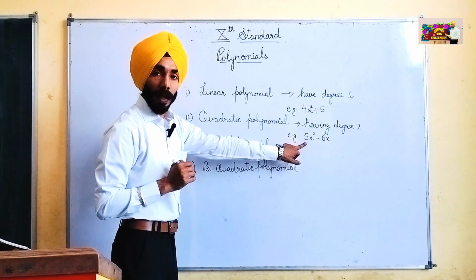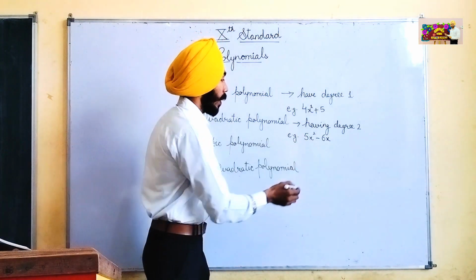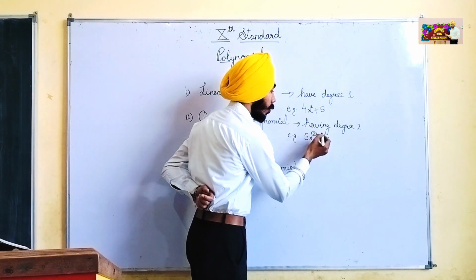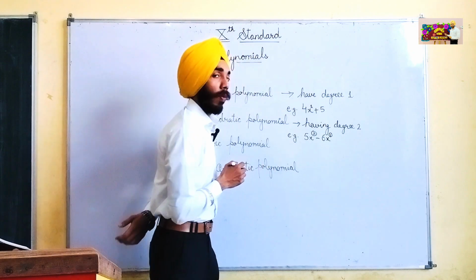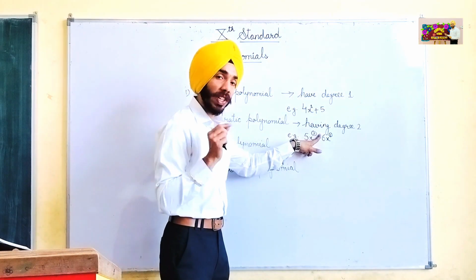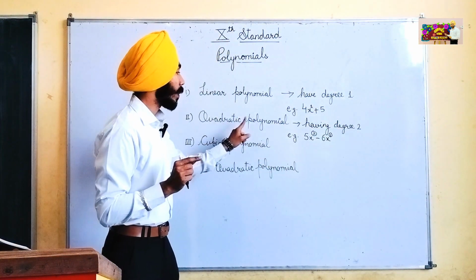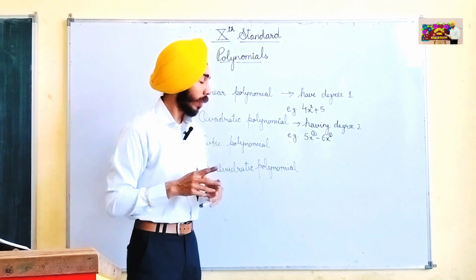So this polynomial is in variable x, and here is power 2 and here is power 1. So highest power is 2. So the one whose degree is 2, that is quadratic polynomial.